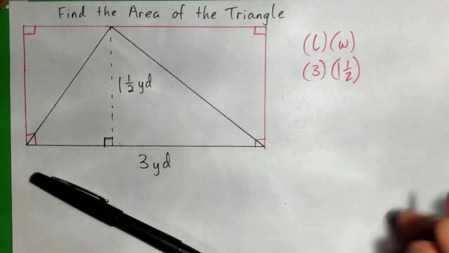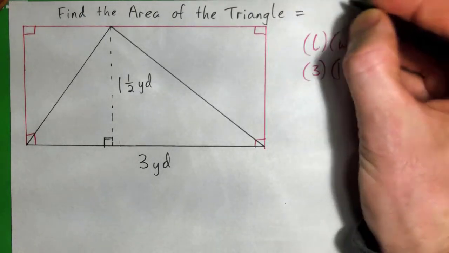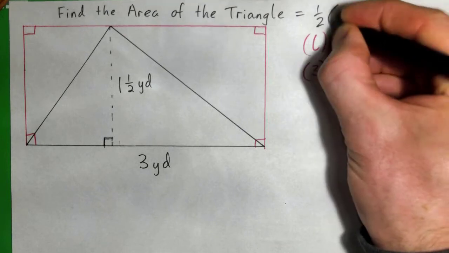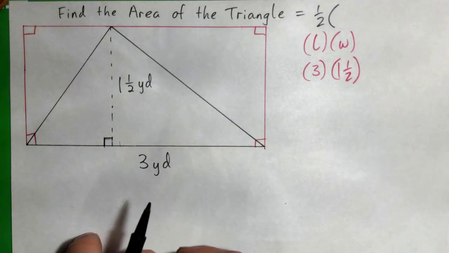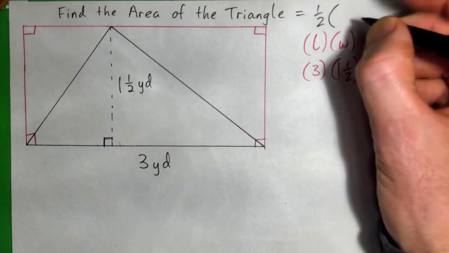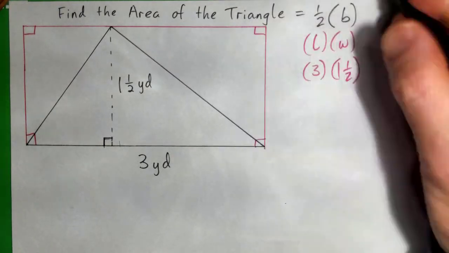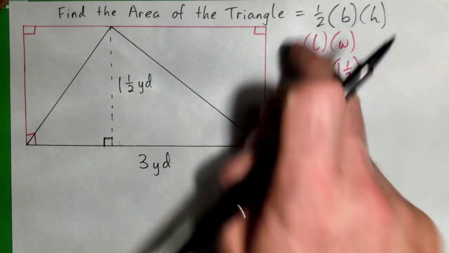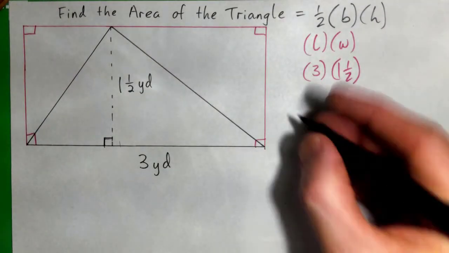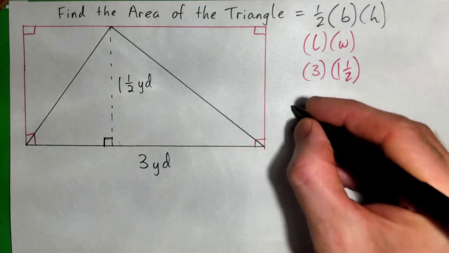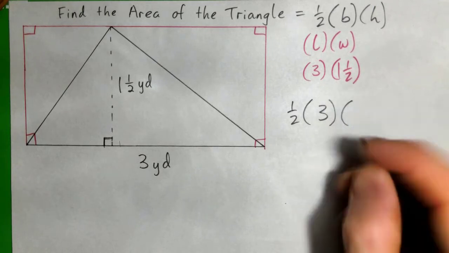But the area of the triangle is half of that. It's 1/2 the length times the width of this rectangle. We call this the base, and we call this the height. But it's basically the length and the width of this rectangle. So the area of a triangle is 1/2 times the base times the height. So that is 1/2 times this base here, 3, times the height, 1.5.